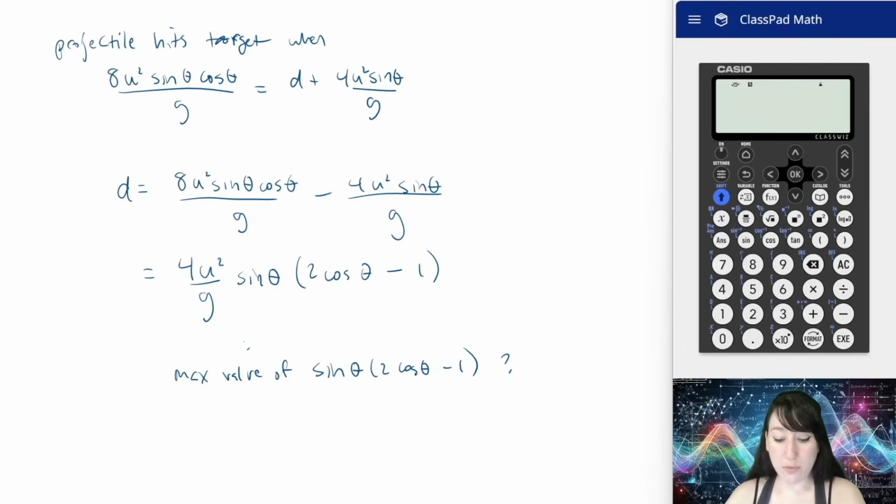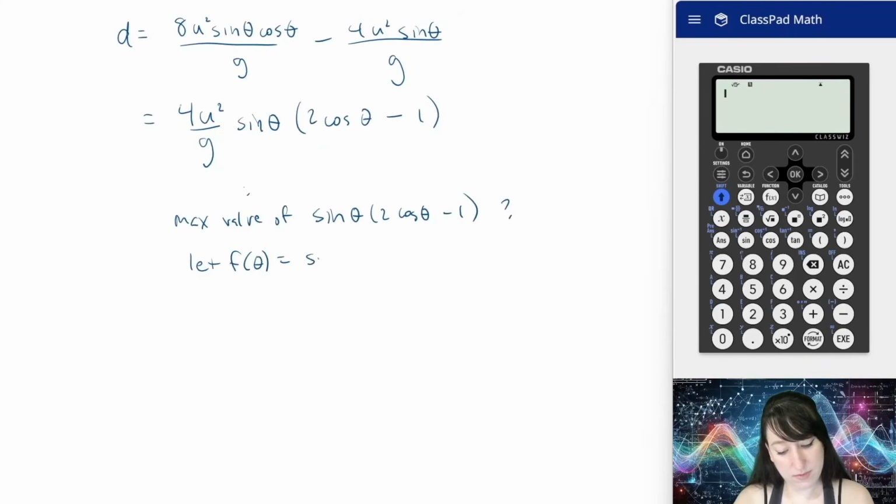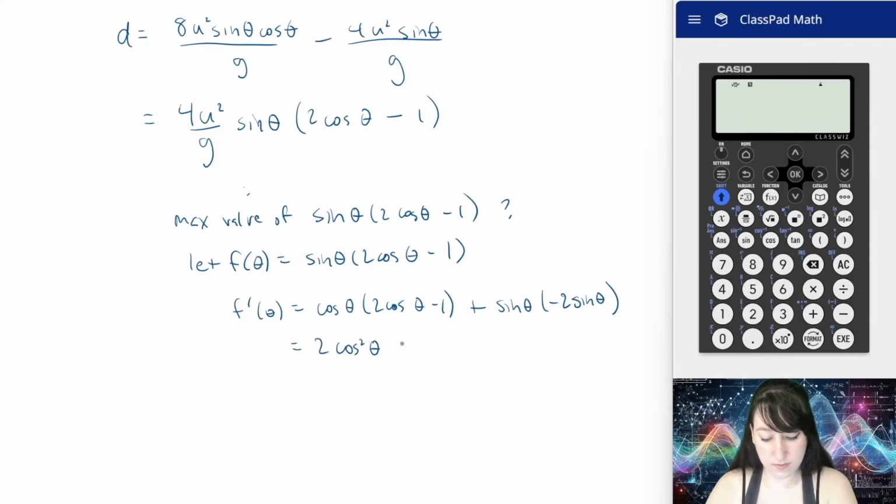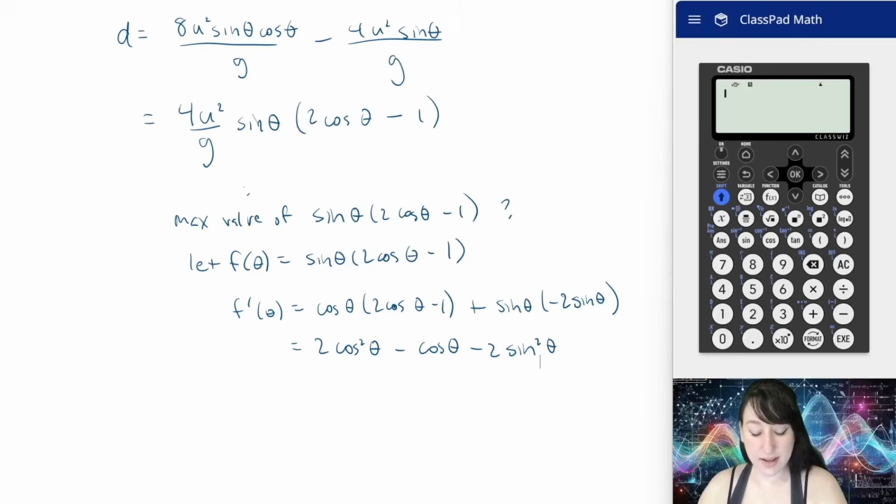Well, in general, how can we find a maximum of a function? We could take its derivative. This is a product rule. Okay, we have a mix of cosines and sines. We got a cosine squared and a cosine, so maybe quadratic and cosine. Let's get an identity to replace sine squared in terms of cosine squared.